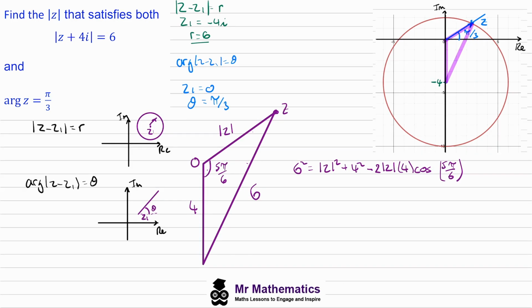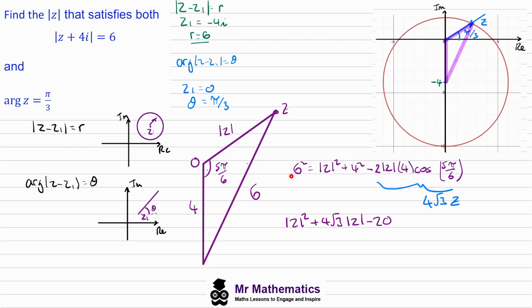Now if you notice, we've got a quadratic term, a linear term, and a constant term. So we can rearrange this into a quadratic equation. If we work this bit out on our calculators, we get 4 root 3 times the magnitude of z. So as a quadratic, we have the magnitude of z squared plus 4 root 3 times the magnitude of z minus 20.